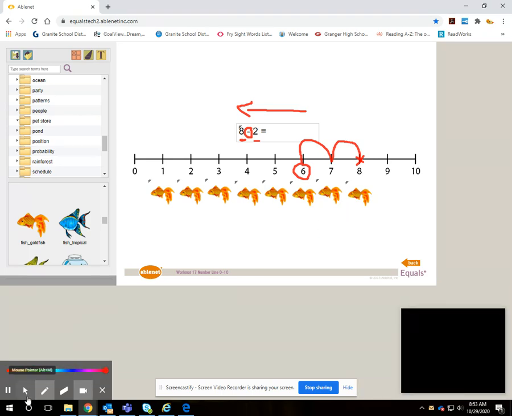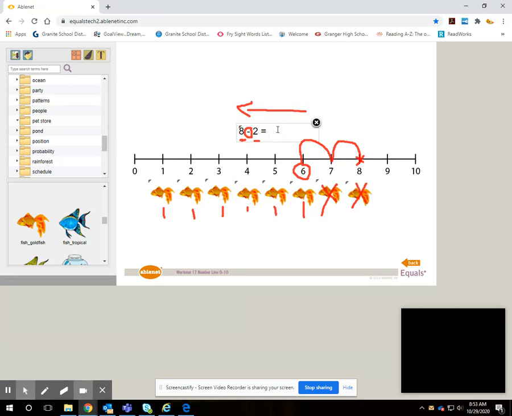6 is my total. So what I could do then, if I'm just using my pictures down here at the bottom, I'm going to X out 2 of those. So I'm going to get rid of 2. So if I sold 2 of my goldfish at the store, I would have 1, 2, 3, 4, 5, 6 goldfish left. So my answer is 6.